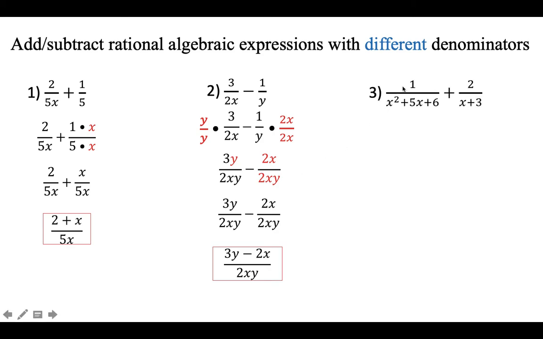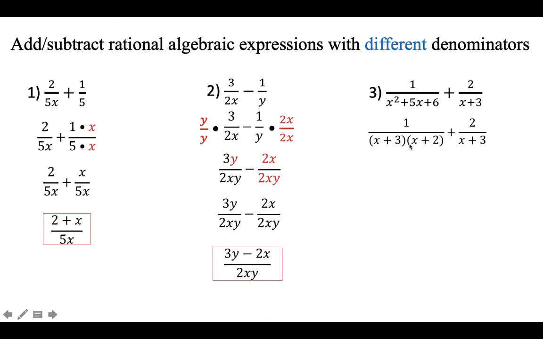Okay, last example number 3, 1 over x squared plus 5x plus 6 plus 2 over x plus 3. Okay, it seems like it's hard to make them equal, these different denominators, but here's the trick. Let's try to factor this one. So we just copy everything except we factor x squared plus 5x plus 6, and that is quantity x plus 3 times quantity x plus 2.